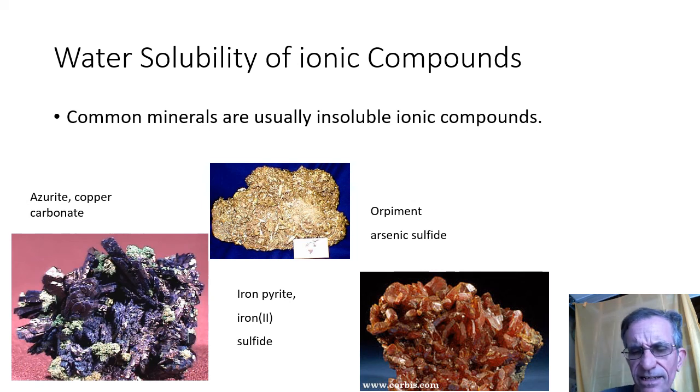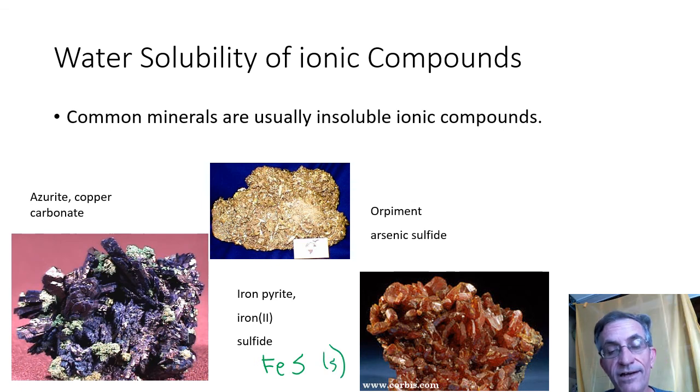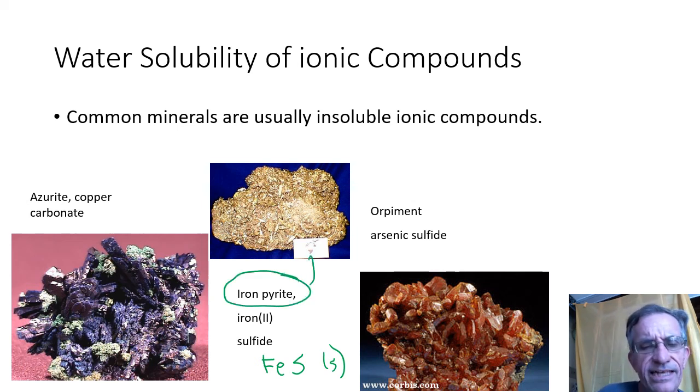A minute ago, I did iron sulfide as an example, and we figured out that it's a solid. It doesn't dissolve. Iron sulfide is the chemistry name for it, and if you're taking geology, they would call that iron pyrite. That's fool's gold. So that's a solid that doesn't dissolve in water.